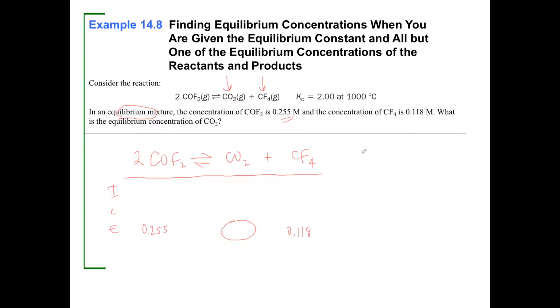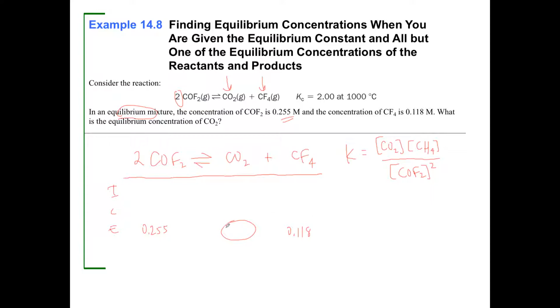Oh, but wait a second. We do know that K is equal to, these are concentrations, so it's going to be the concentration of carbon dioxide times carbon tetrafluoride over COF2, whatever this stuff is, squared, right? Because of your 2.